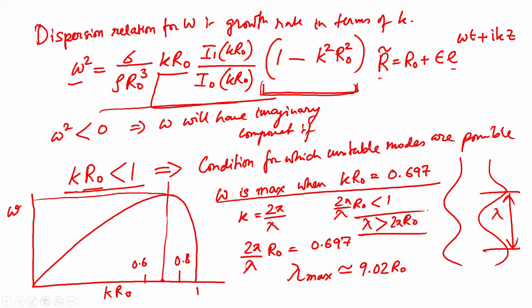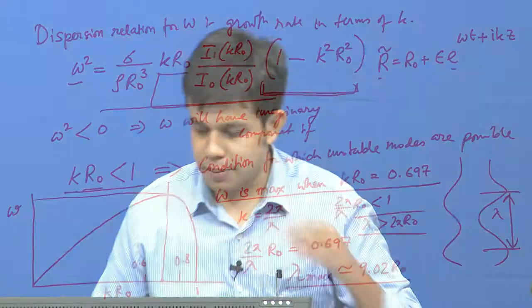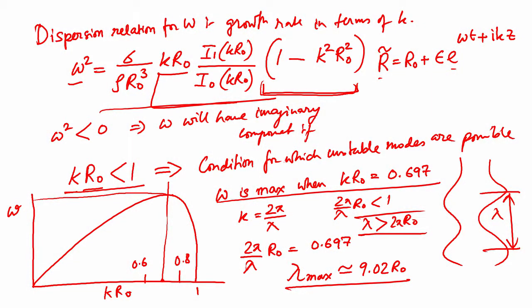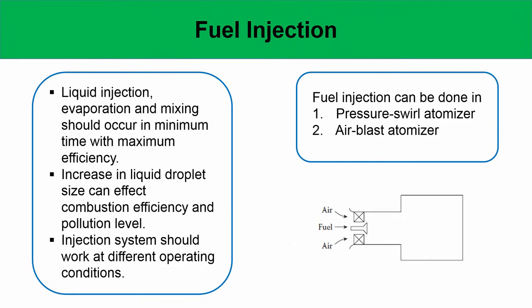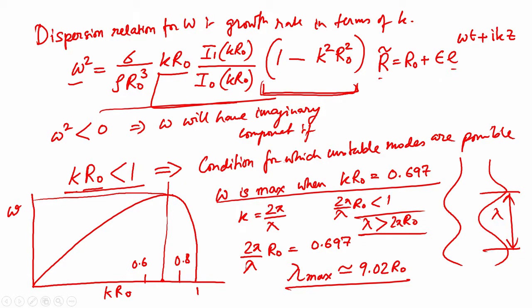So, for all lambda greater than 2 pi R0, as long as the perturbation wavelength is greater than the circumference of the jet, the jet becomes unstable. Of course, it maximizes when lambda is equal to 9.02 times R0. So, using this we can even have a breakup time for the jet, and that we can obtain if we try to introduce a time scale.